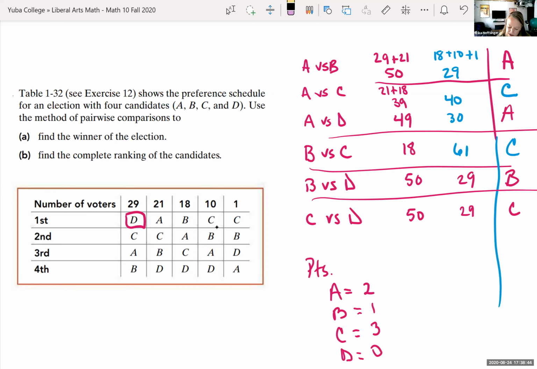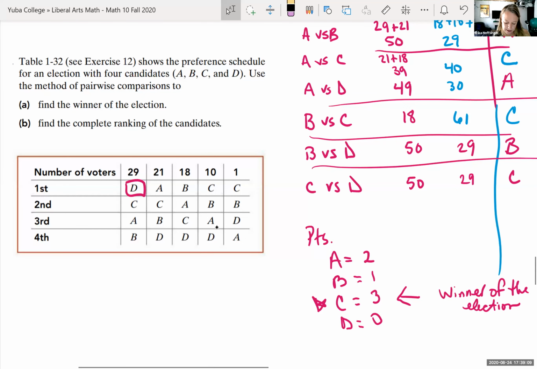So out of the pairwise, C is going to be our candidate, the winner of the election. And then we can go and rank the other ones. So it looks like A would have been in second place. B would have been in third. And D would have been in last.